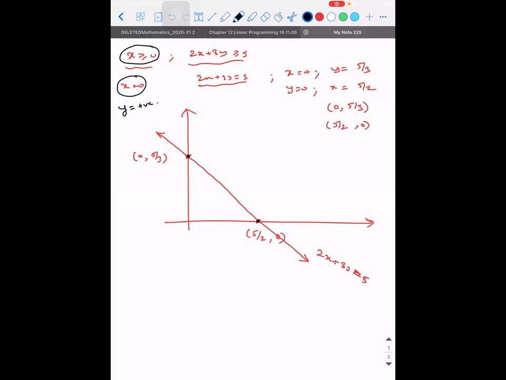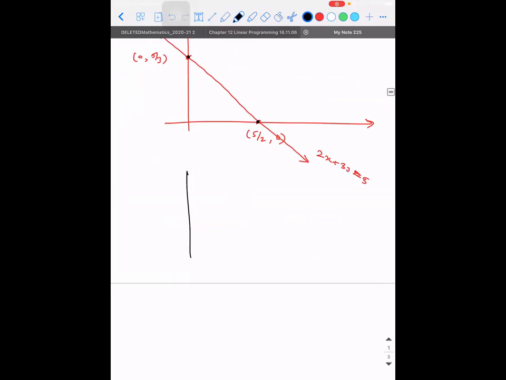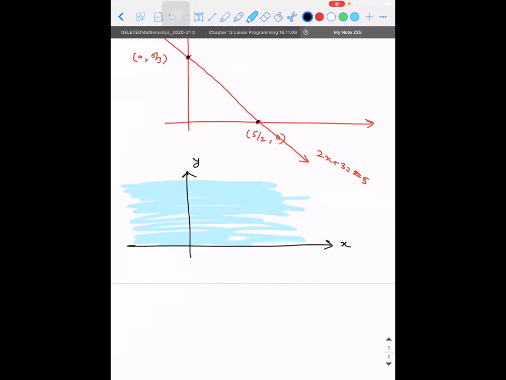So y will be positive in which quadrants? First quadrant and second quadrant. So what I do is, can I shade this region for x greater than or equal to 0?